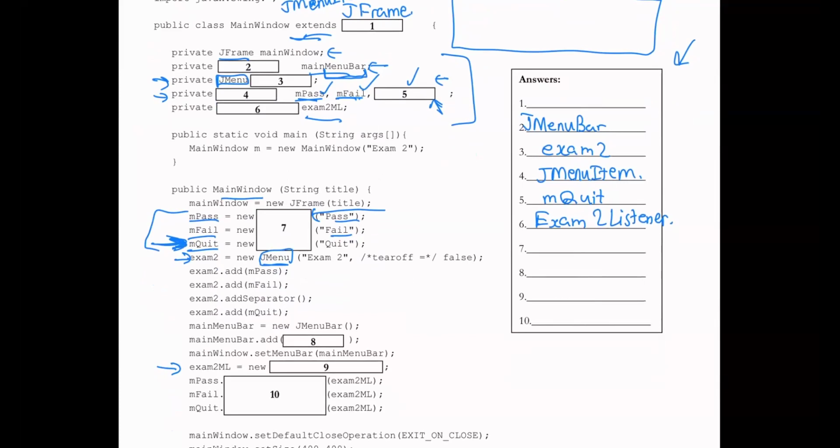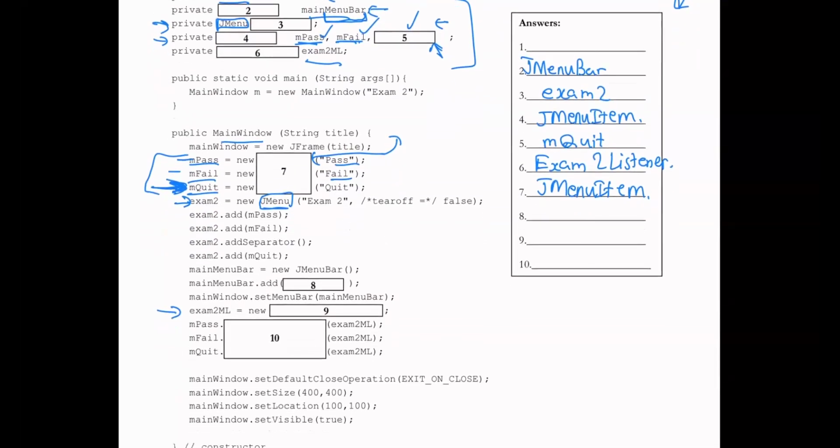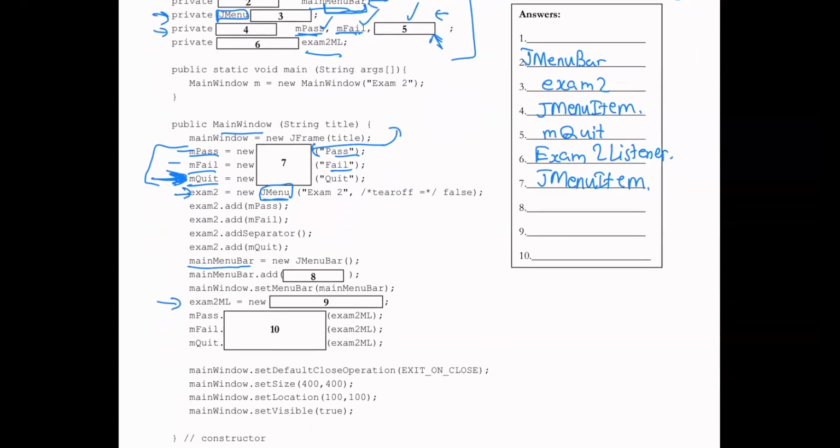All right. Okay. Number 7. We already did it. What is it about these 3 variables? Yep, they are all JMenuItem. There's no S, just item. All right. Number 8. Menu bar.